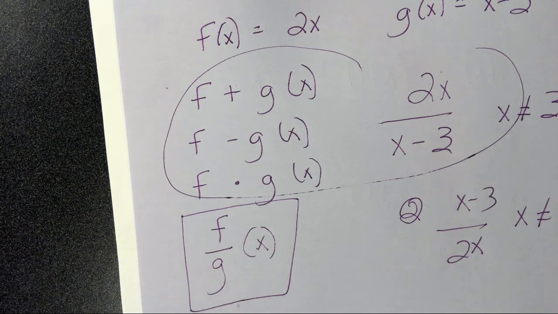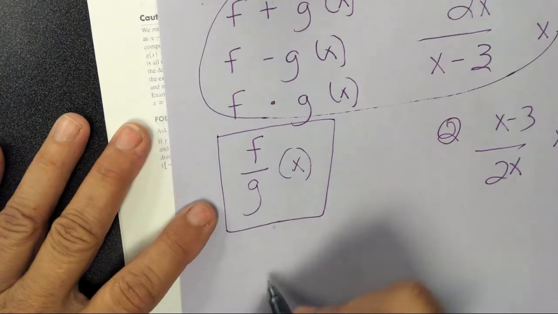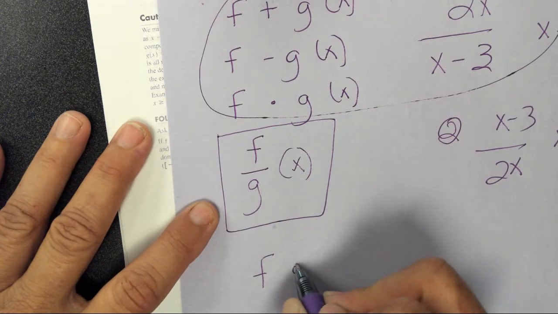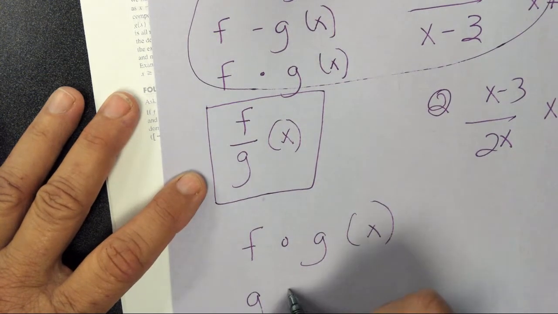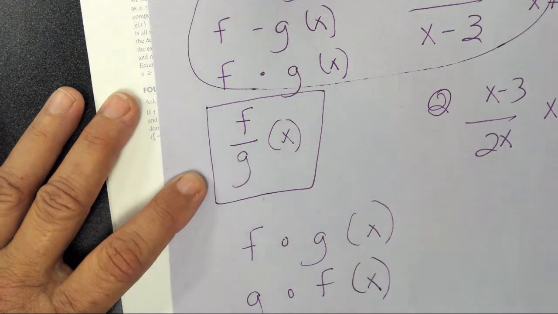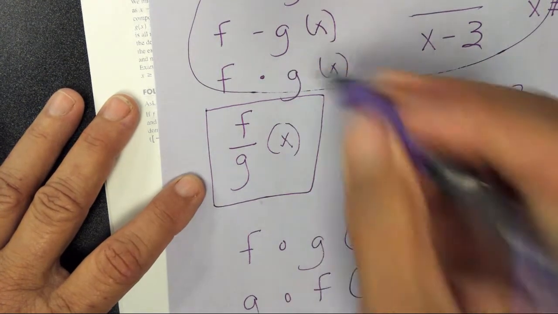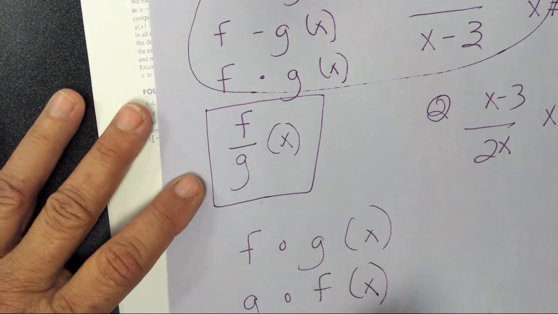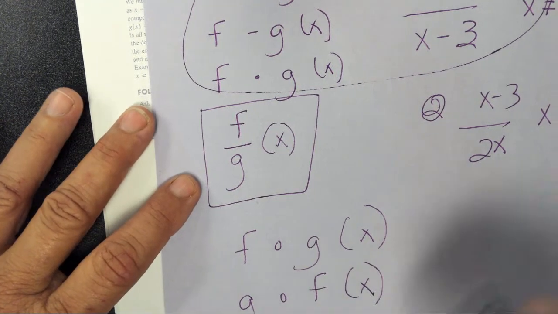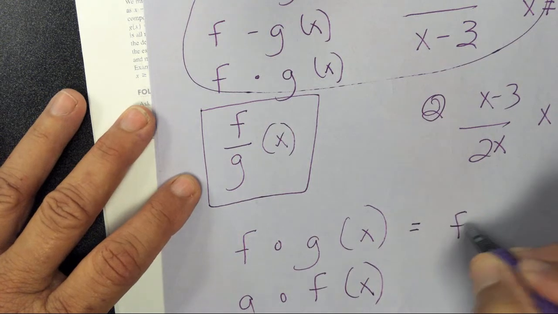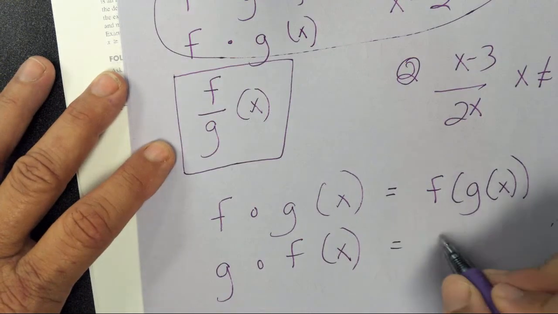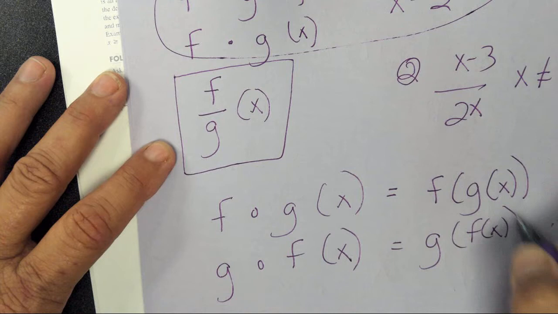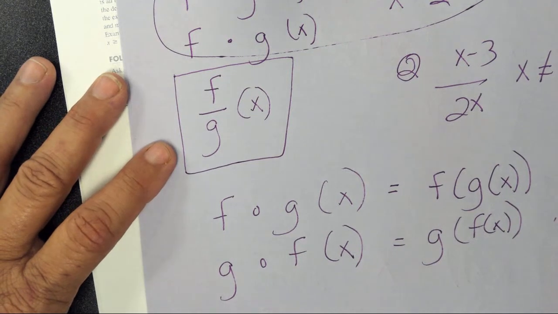Okay? Now, what we do need to talk about is f, open circle, g of x, and g, open circle, f. So what is the difference between the closed circle, which is multiplication, and the open circle? It's composition of functions. So remember, this means, because I like to write it better like this, f of g of x, and this means g of f of x, which means we put a function into a function.